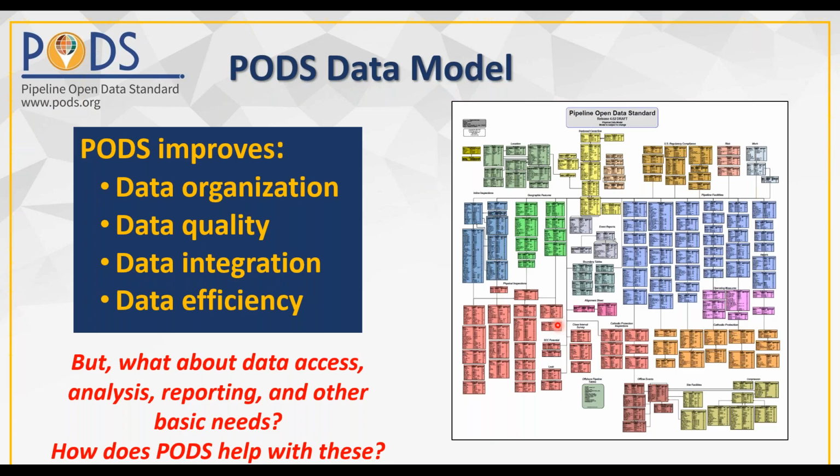By this point in the series, I really hope that you're realizing some of the benefits of the data model for storing and managing our pipeline system data. We focused a lot of our attention on the ways in which PODS improves data organization and quality, integration, and certainly efficiency. Today, our attention will be extending to the usability of PODS data.